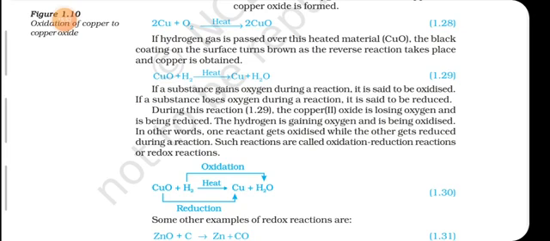So during this reaction, copper oxide is losing oxygen and is being reduced. The hydrogen is gaining oxygen and is being oxidized.